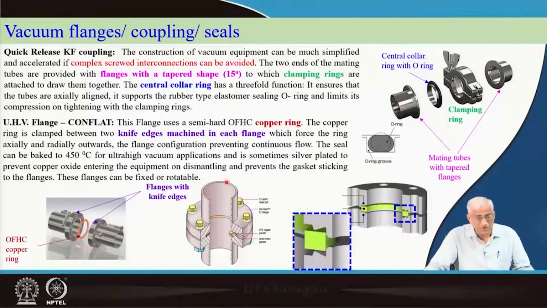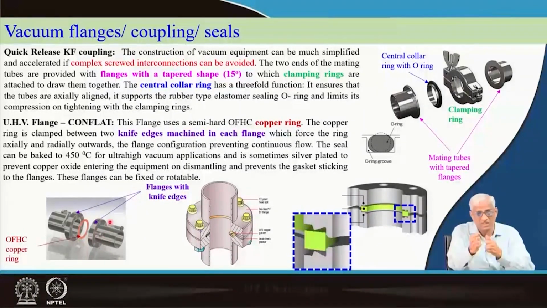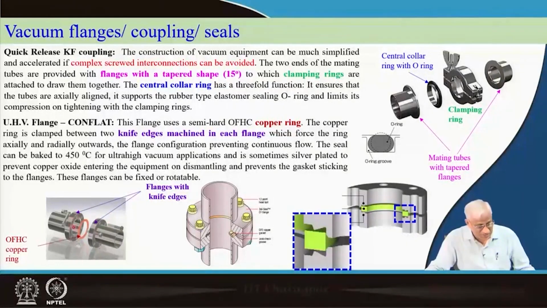Okay. When you go to ultra high vacuum, the flanges will be looking like this. This flange will not look like this, because this is not a quick coupling. There are holes through which you introduce nut and bolt and tighten it to such a torque that the stress on the metal gasket will approach yield stress.